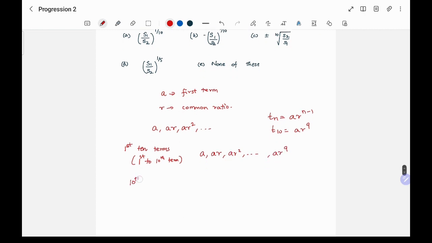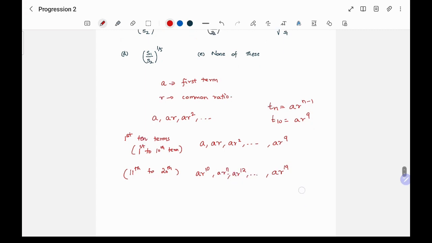And from the 11th term to the 20th term: the 11th term will be AR power 10 and the 20th term will be AR power 19. The 12th term will be AR power 11, AR power 12 and so on.